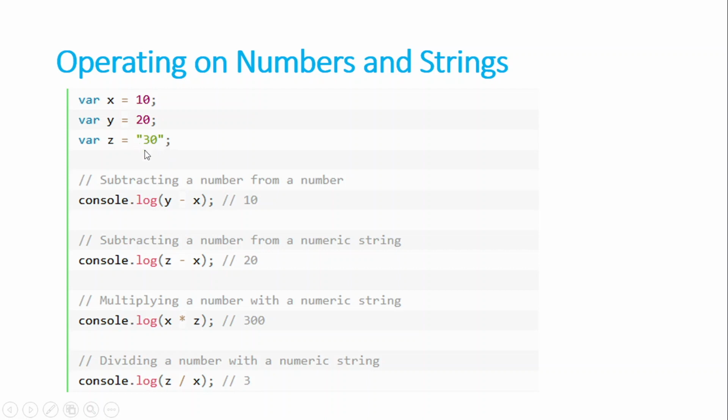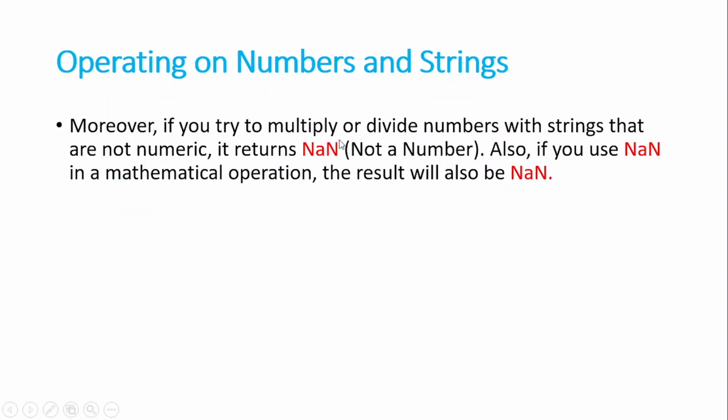It is actually a number, so it is treated as a number and can be converted. But if I write Ram here as a string and try to multiply it with 10, or a number, then it will give me the not a number, or NaN, result. And if we multiply anything with NaN, it will be NaN itself.